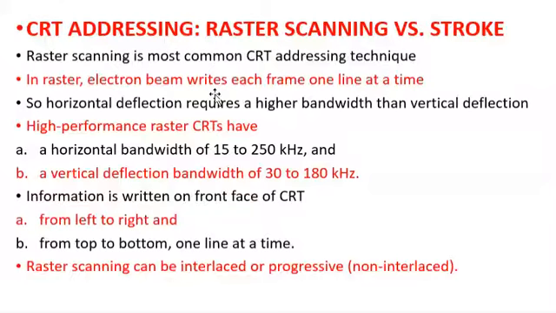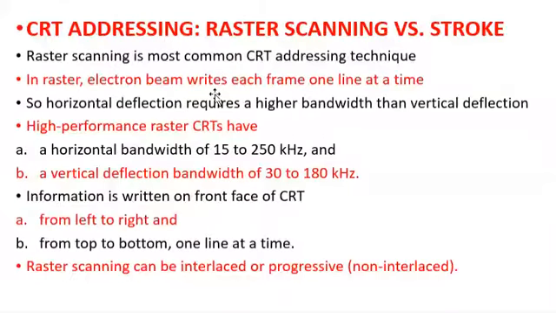If you say 250 minus 15, it will give you a bandwidth of 235. While the vertical one is from 30 to 180 kilohertz. If you subtract, you are going to get only 150. So this shows that the horizontal bandwidth is more than that of what?